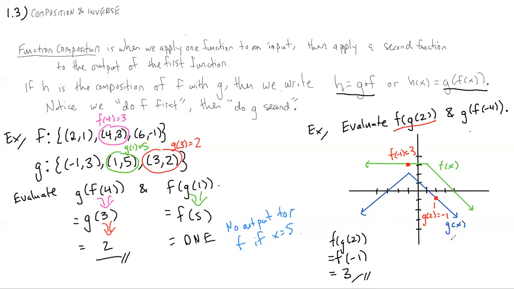And then for the other one, I'm going to have g of f of -4. So I'm going to do the same thing. I'll just use a different color. Let's try pink. So I'll start by finding f of -4. So when x is -4, I get this point here at, again, 3.